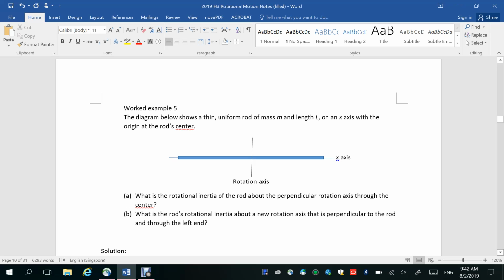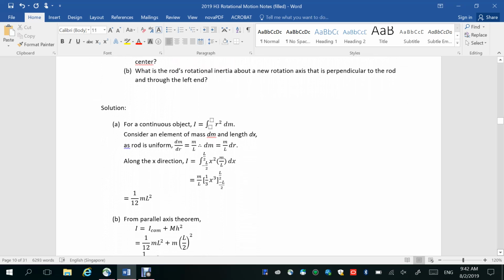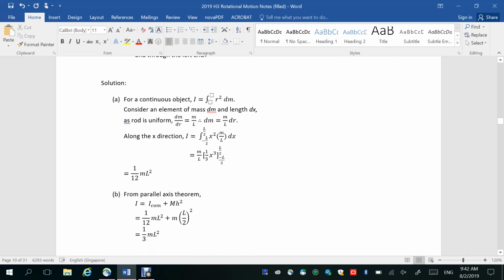So we can use the parallel axis theorem. We recall the moment of inertia for the rod, which is 1 over 12 ml squared, which we derived above in part A, plus the total mass of the system, which is small m, times the perpendicular distance between the two axes, which is half L, squared.